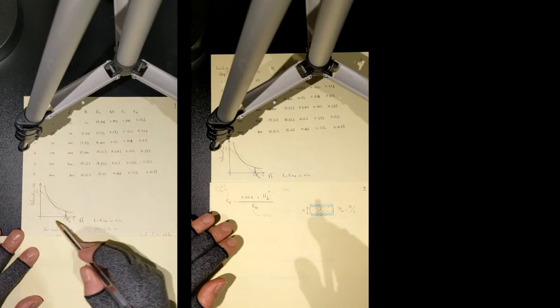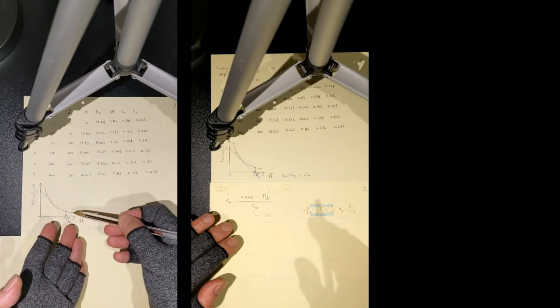The second point has a time which corresponds with it, and that time is known as T sub 90. Since your horizontal axis is in root time, that time is also in root square, T sub 90. What does T sub 90 mean? T is time. T sub 90 is the time needed for 90% of the full amount of consolidation to take place.